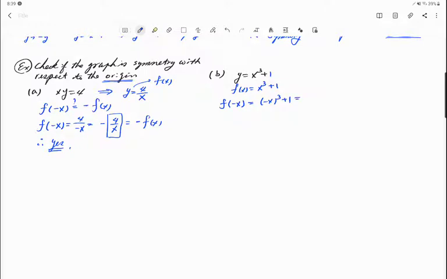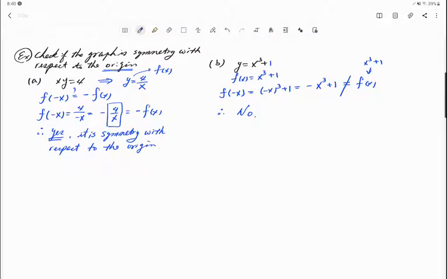Then simplify it. Negative x is multiplied 3 times, so the negative can go outside. Is it the same as f of x? No, right, because f of x is x cubed plus 1. This is different. So the answer is no, the graph is not symmetric with respect to the origin.